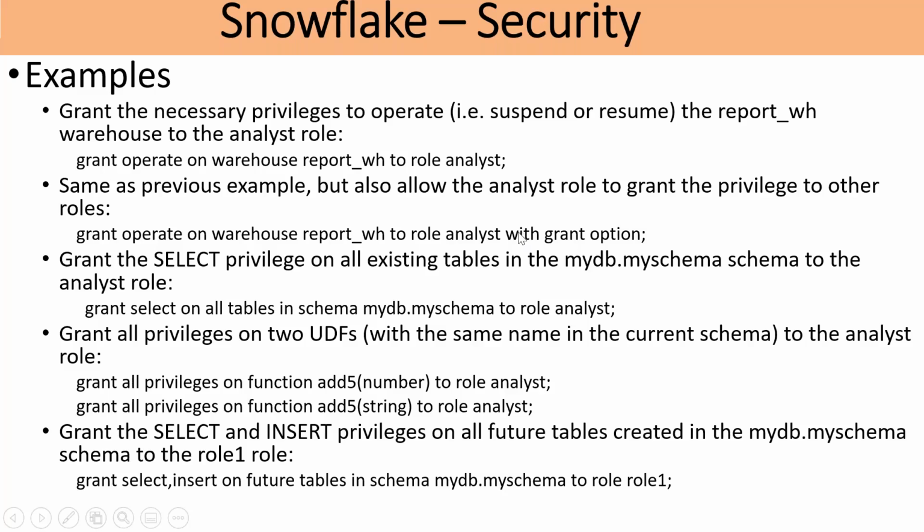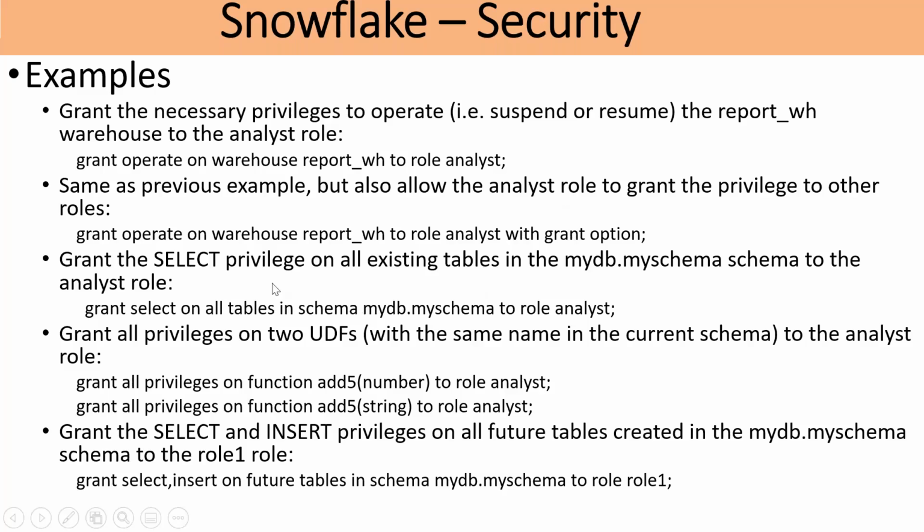With grant option, they can grant this operate privilege to somebody else. If the role in turn can grant operate to somebody else, then you have to give grant option.